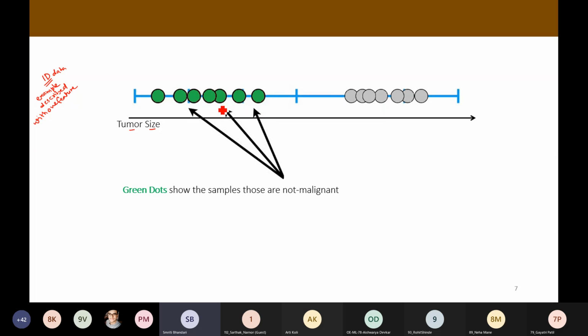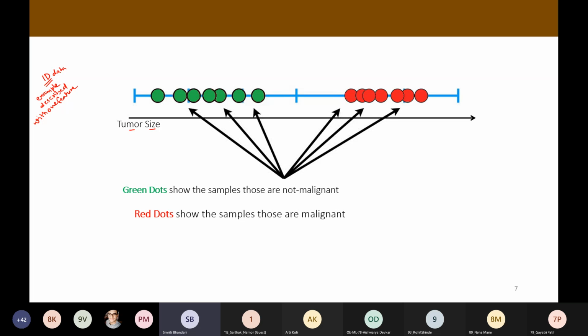Whereas these red dots are the samples that have malignancy. So red samples are malignant and green samples are non-malignant. So we have samples from two different classes.